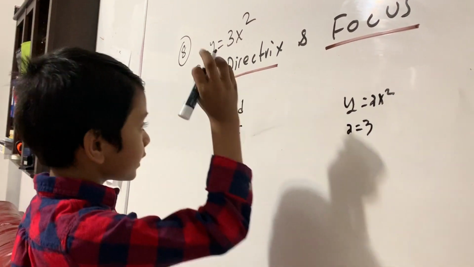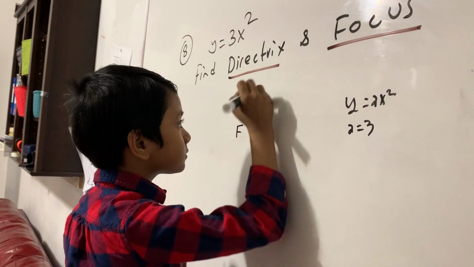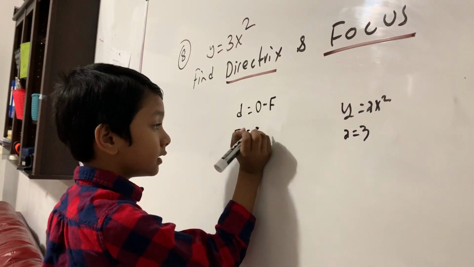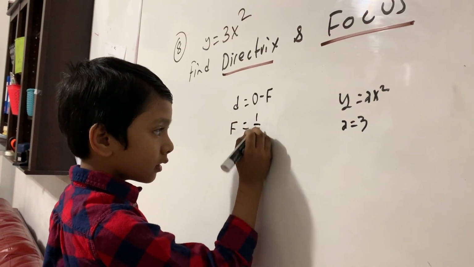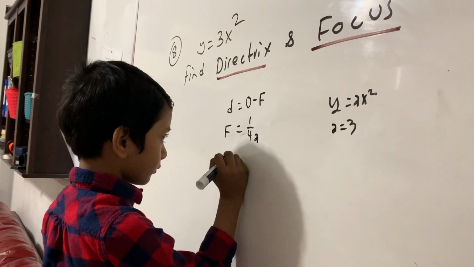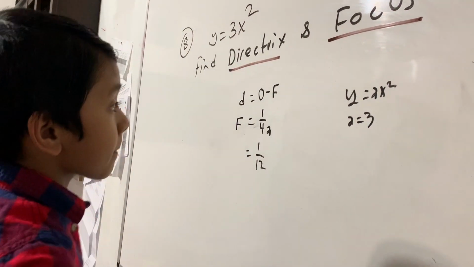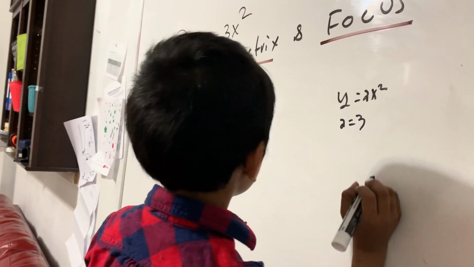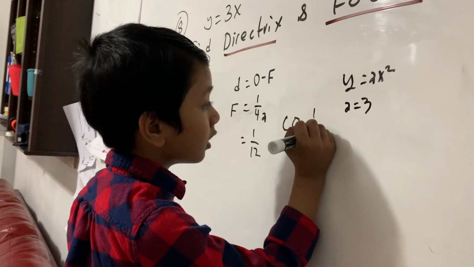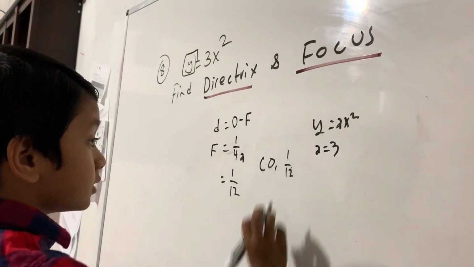The focus is 1/4 times a, so that's equal to 1/12. Simple. So the focus becomes 0, 1/12, because it says y, obviously, not x.